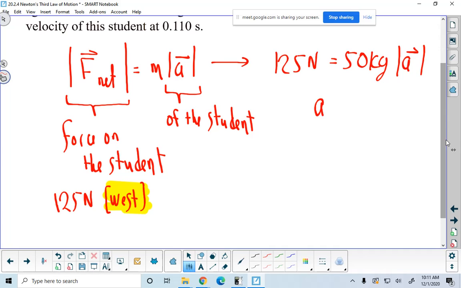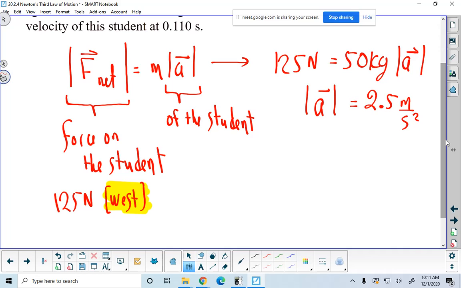So do me a favor here and just see if you get 2.5 meters per second squared for the acceleration, and we do. Excellent. So you get 2.5 meters per second squared by dividing 125 newtons by 50 kilograms.